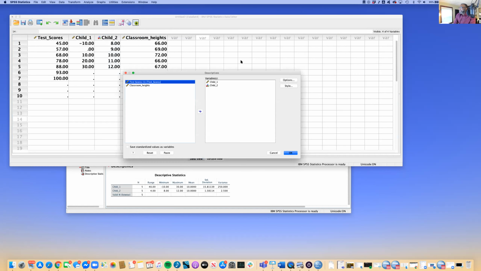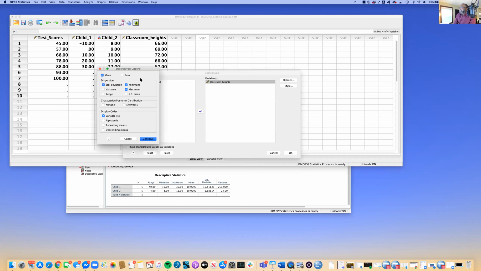Let me not get ahead of myself. We're going to reset. I wonder why that made that a nominal variable. That's interesting. I'm going to put classroom heights in there. We're going to go to options. We're going to click variance and range.